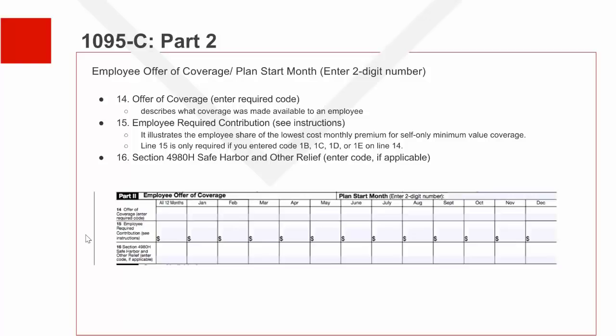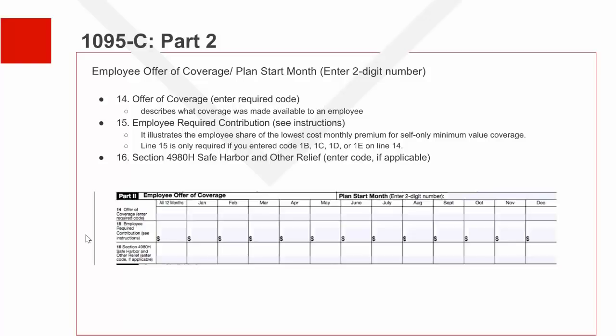Also, getting a little more into coding, line 15 only needs to be filled out if you have coded 1B, 1C, 1D, or 1E on line 14. So that's something to keep in mind. Lastly, we have line 16, which also does not necessarily need to be filled in, but in most cases it will.